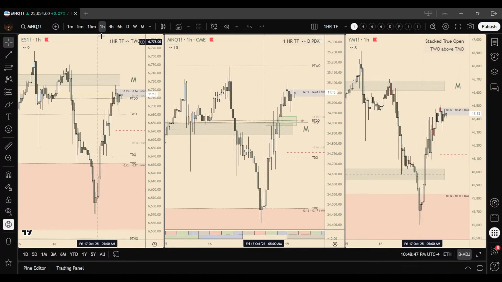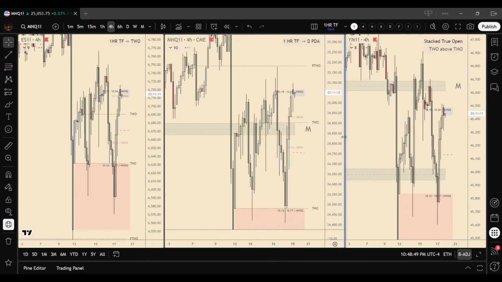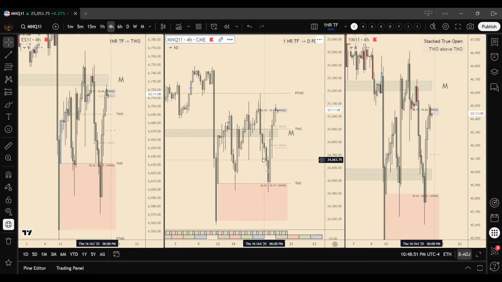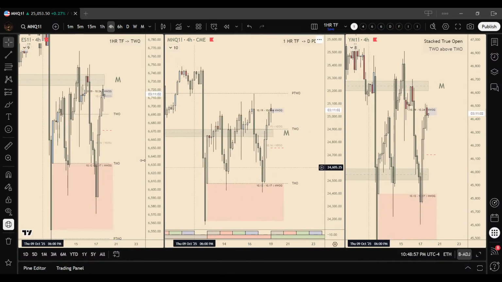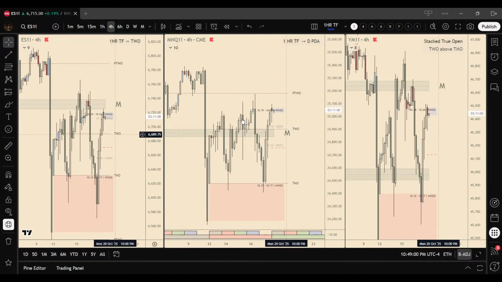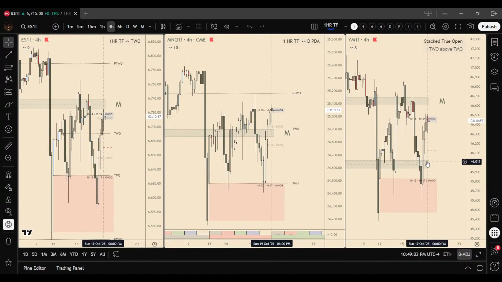So I want to point something out. This is something that Day actually went over in one of the previous lectures that he gave, but also something that I had noticed in price action. So we're going to go over it.